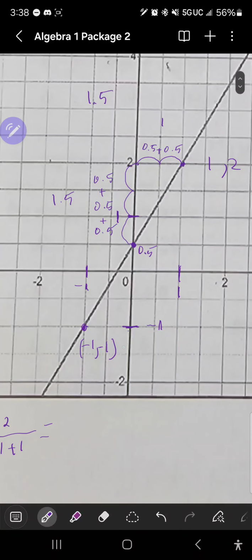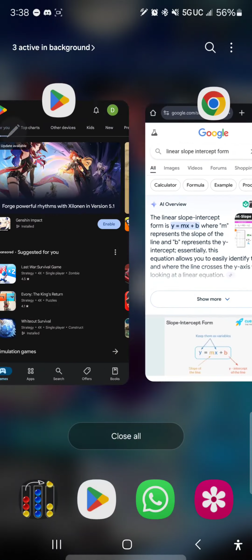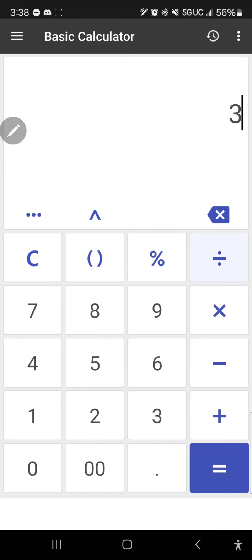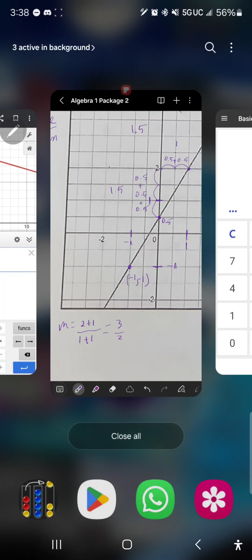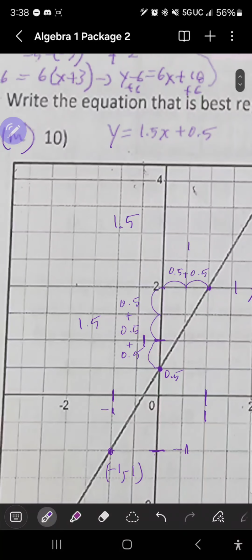So it will be 2 minus 1, which is plus 1. And now 2 plus 1 is 3, and 1 plus 1 is 2, so 3 over 2, which if you divide it is 1.5, and you can always go here if you don't know, and you're going to see that it's 1.5. So it has the same slope.